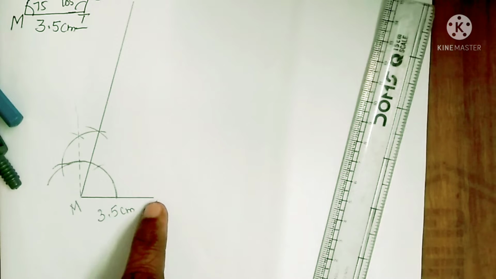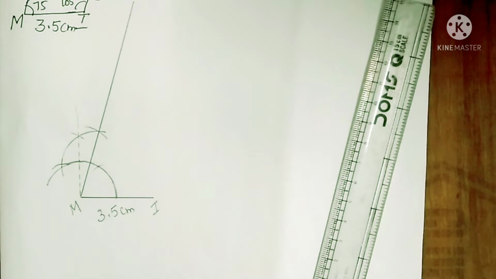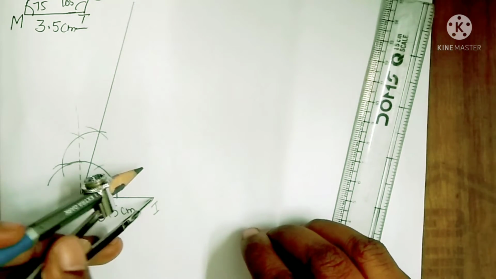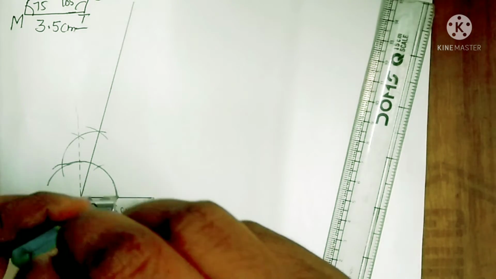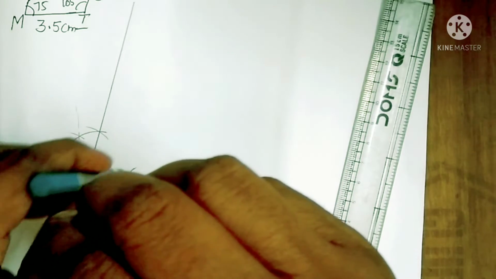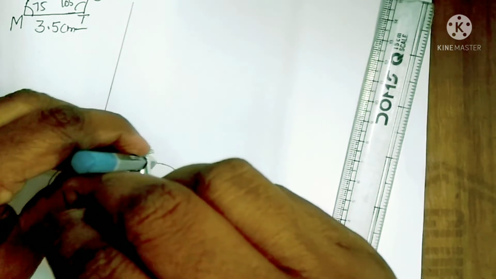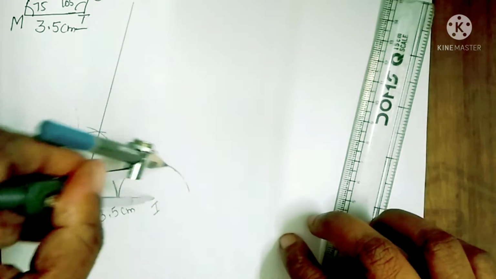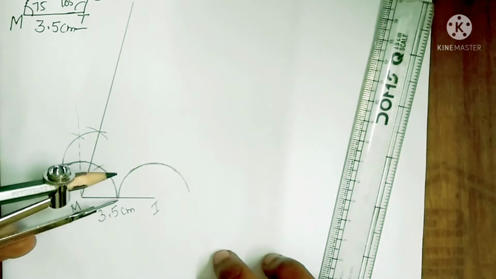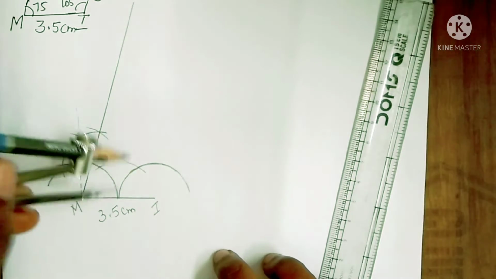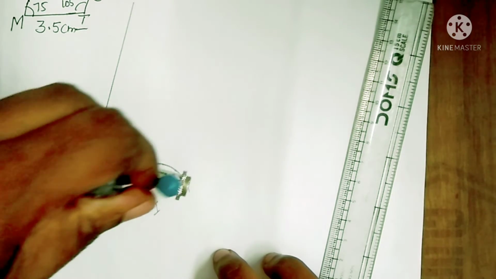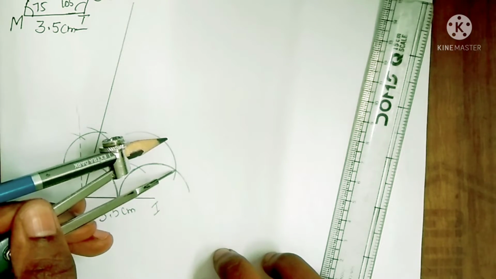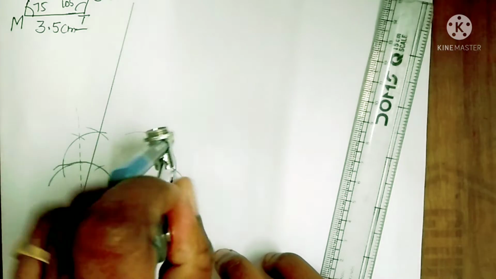Now at this point, that is at I, we need to make 105. How will you make 105? 105 is 90 plus 15. So we will take from the other side to bisect. First we will make 60 degree, then we will make 120 degree, then make 90 degree.